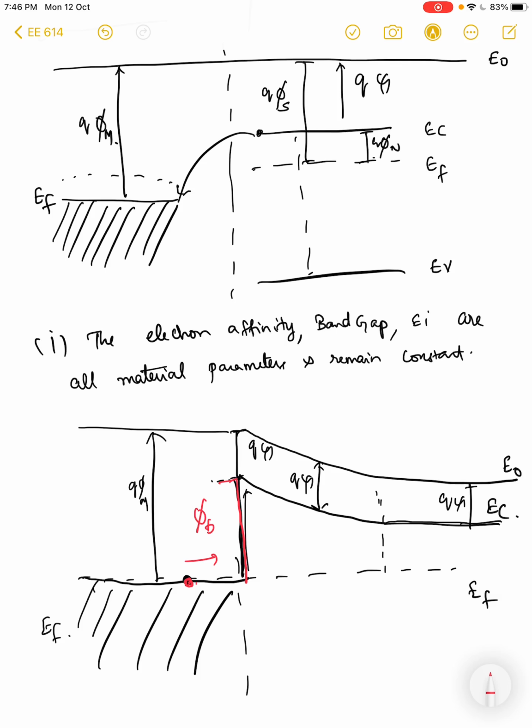Depending upon the doping density in the semiconductor, we will have some depletion width, and we took it as an n-type semiconductor, so we will have a doping density Nd here, right? So you have some positive charges because the electrons have moved to the other side, right?